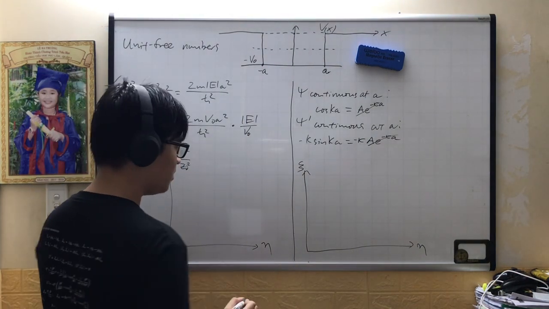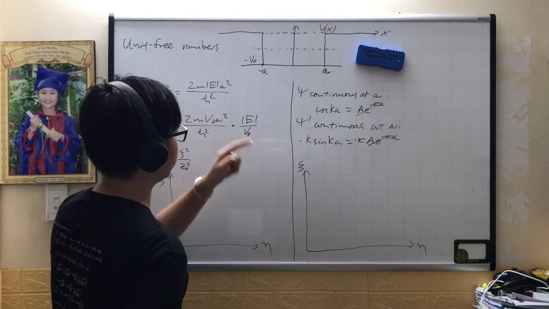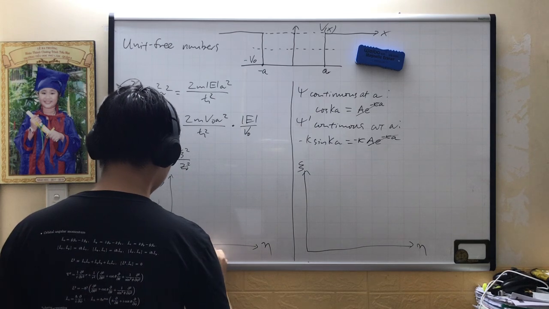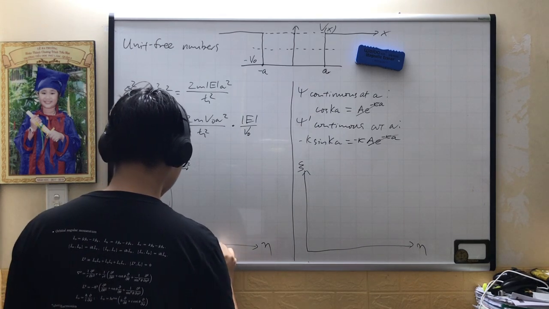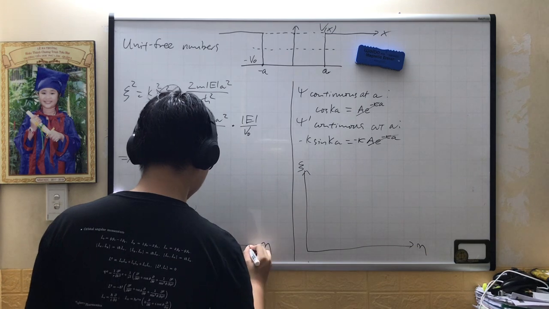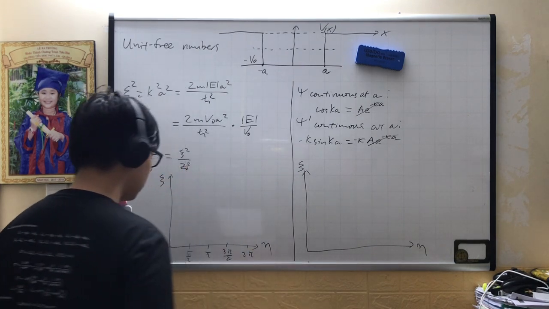This would follow the tangent: pi over 2, 3 pi over 2, 2 pi.